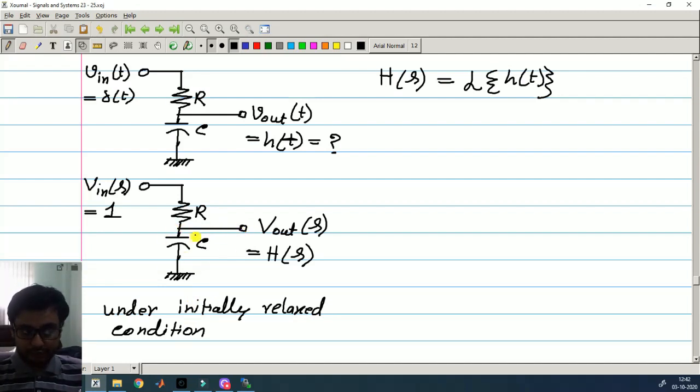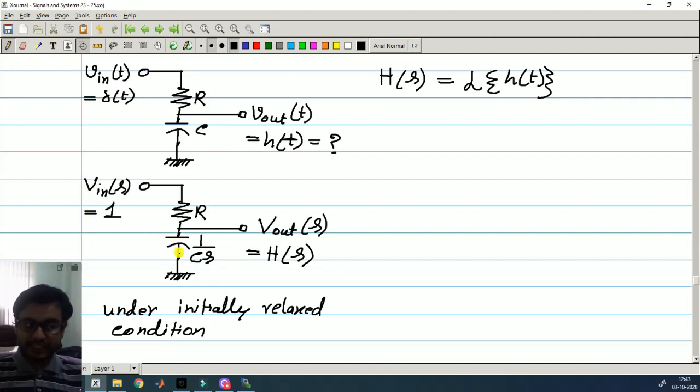So this capacitor voltage is 0 initially, and that means the capacitor had no stored charge previously, an uncharged capacitor, and therefore we can represent the impedance of this capacitor as 1 over Cs. This will be the ratio of the voltage across it and the current here.